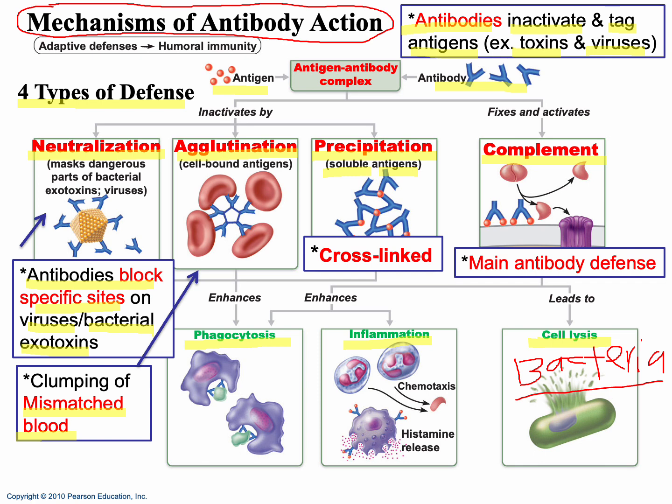And not to forget, the agglutination, again, can enhance phagocytosis as well. So remember your 4 types of defenses again: neutralization, agglutination, precipitation, and complement.